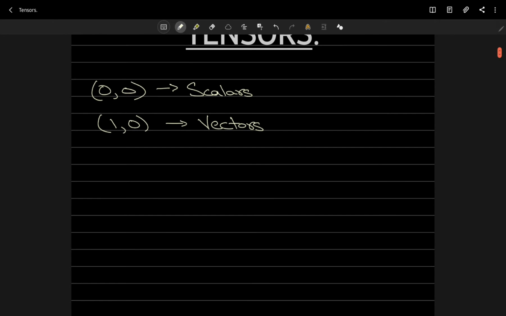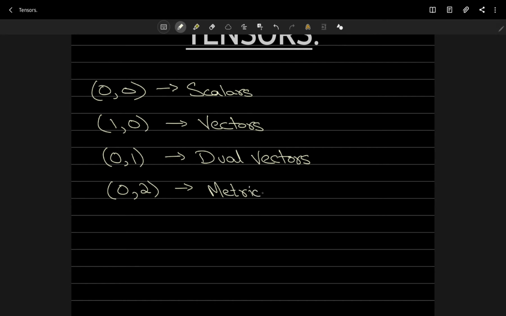Then you can also see (0,1), and of course, that would be dual vectors. Then you could have (0,2), and that is your metric tensor, so it's your eta_{mu nu}.